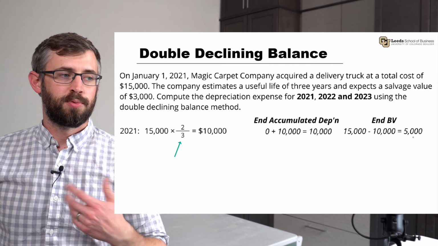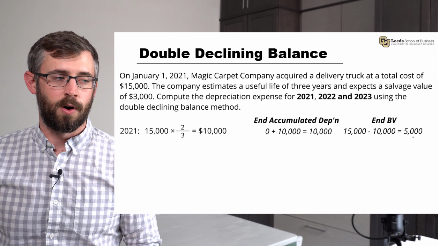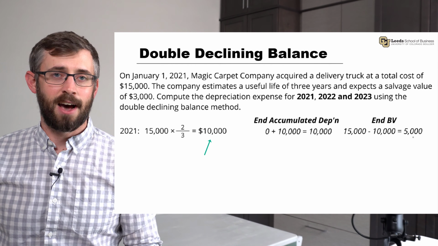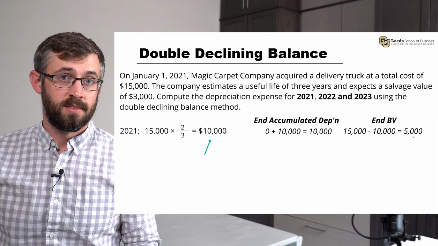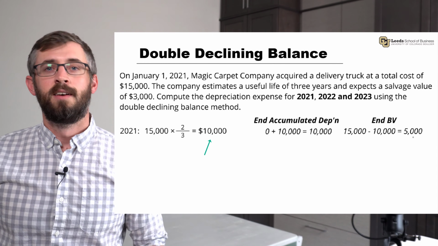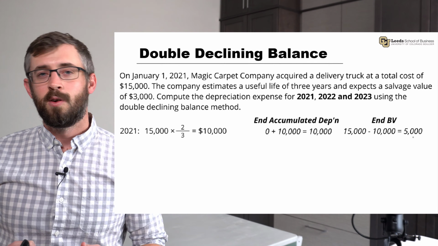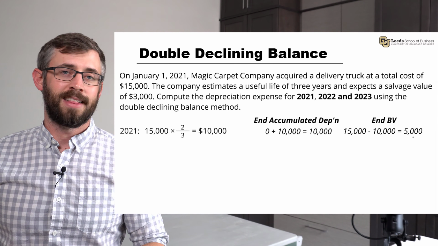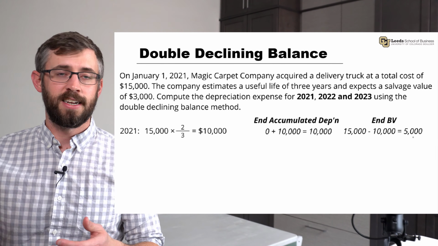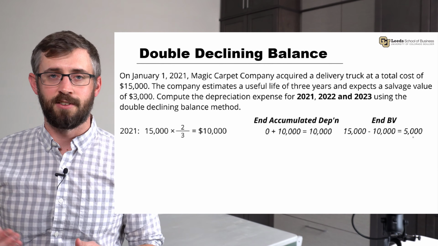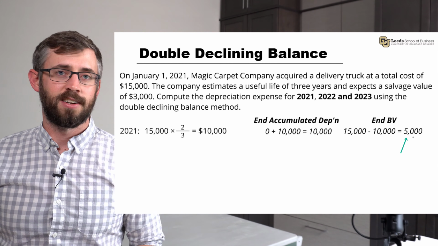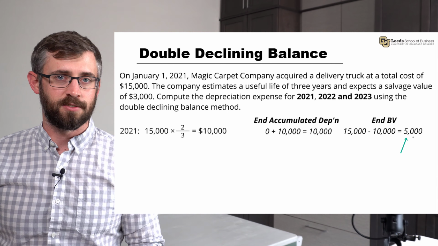And so our depreciation expense in year 1 is going to be $10,000, or 2/3 of the value of that asset. And so if we record $10,000 of depreciation expense, then our net book value at the end of the year, since we're crediting accumulated depreciation for 10 grand as well, our ending year net book value is going to be $5,000.